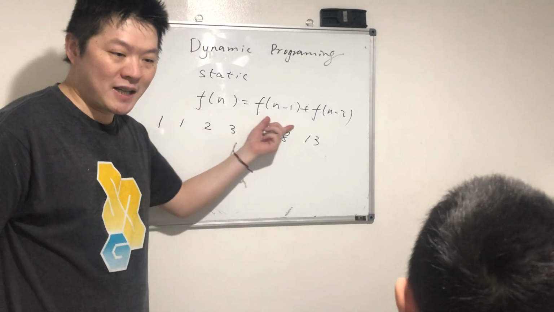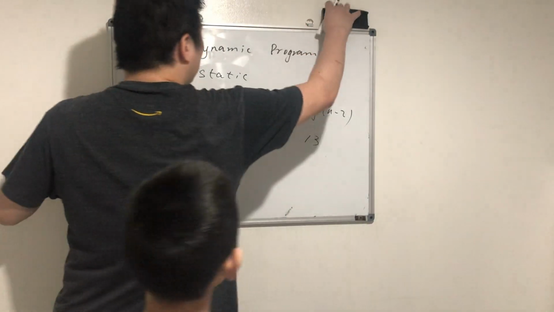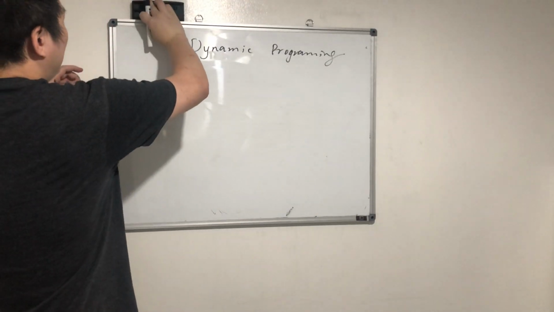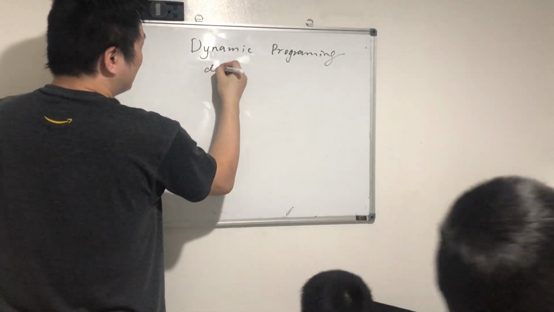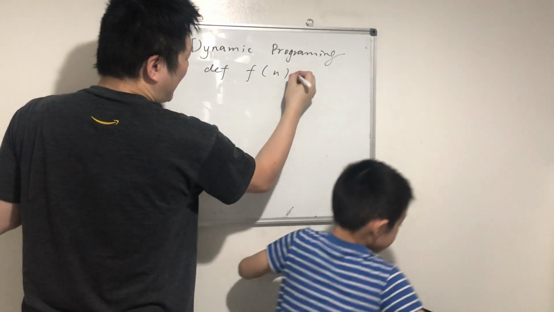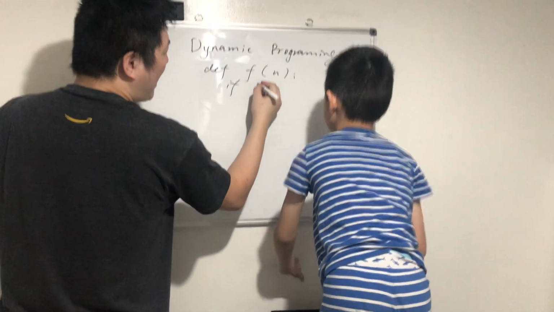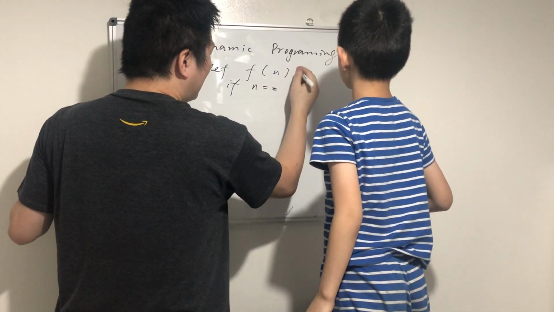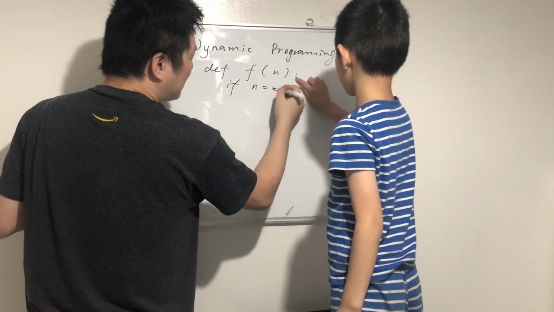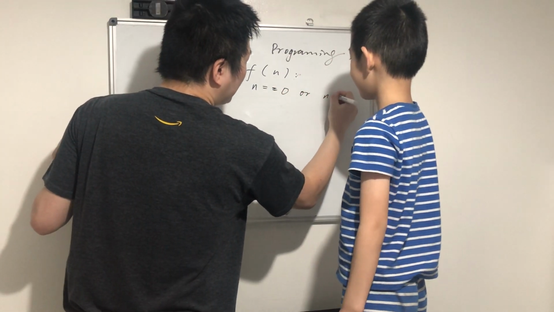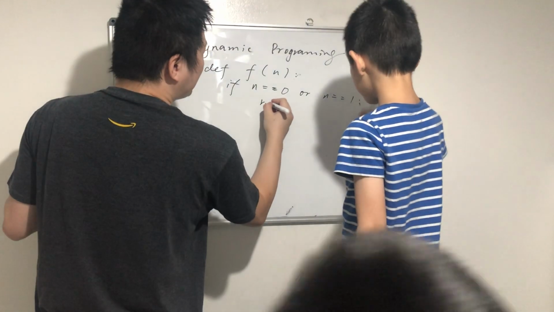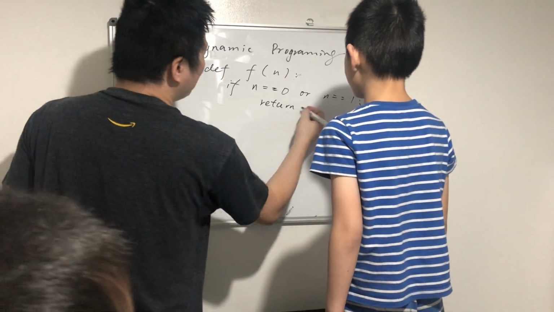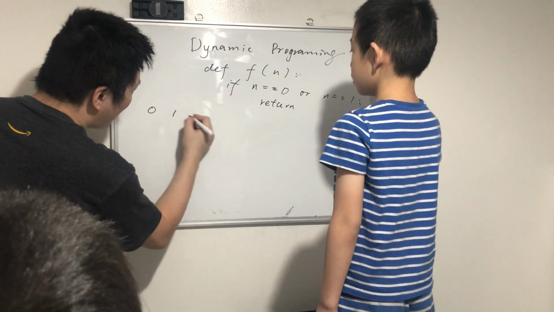So how do we implement this? Look, Fibonacci number. Define Fn. If n equals 0 or n equals 1, return the first 2 items: 0, 1, 1, 2.